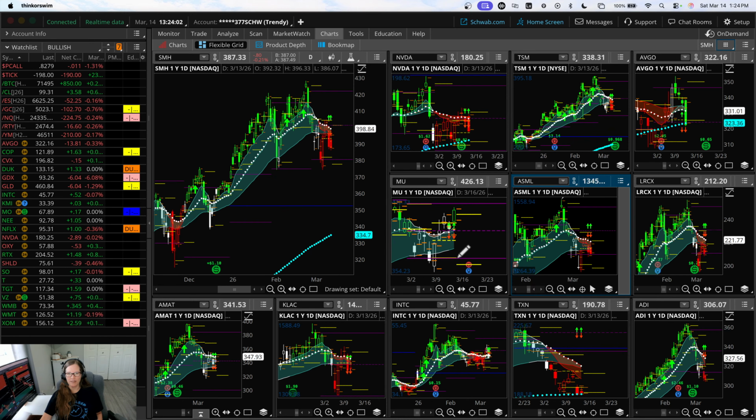But right down here at or around this monthly edge and weekly edge would be the buy the dip opportunity for me.